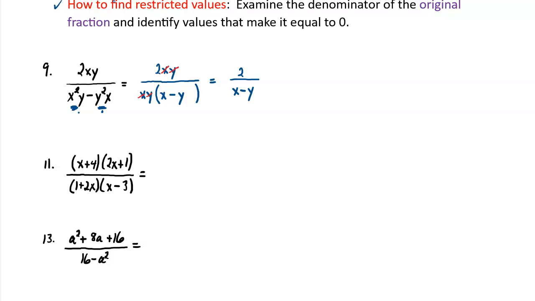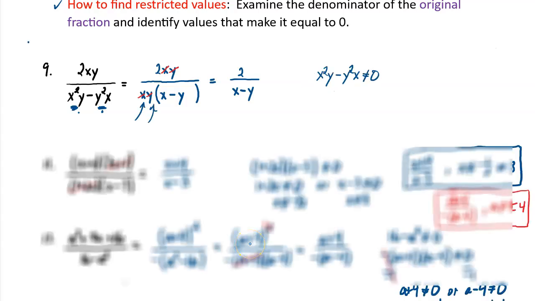Now there are going to be restrictions. You need to indicate any values that cannot be used for x or y. The way that is done is to look at the original denominator and to indicate that that cannot be equal to 0. So for the restrictions, you write x squared y minus y squared x, that's the original denominator, and indicate that you realize that that cannot be equal to 0.